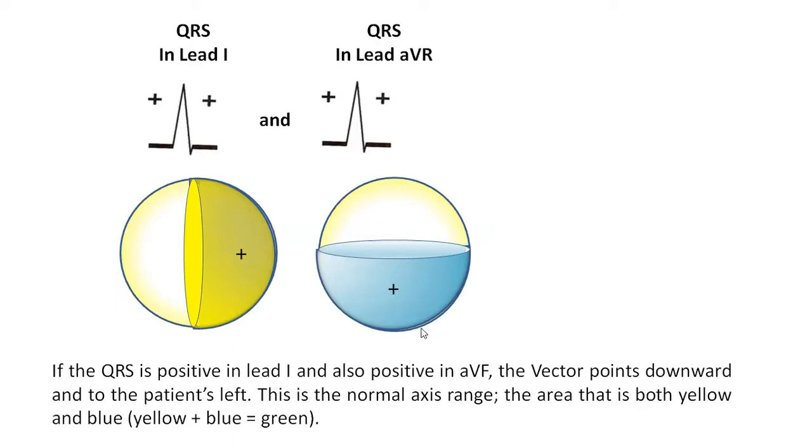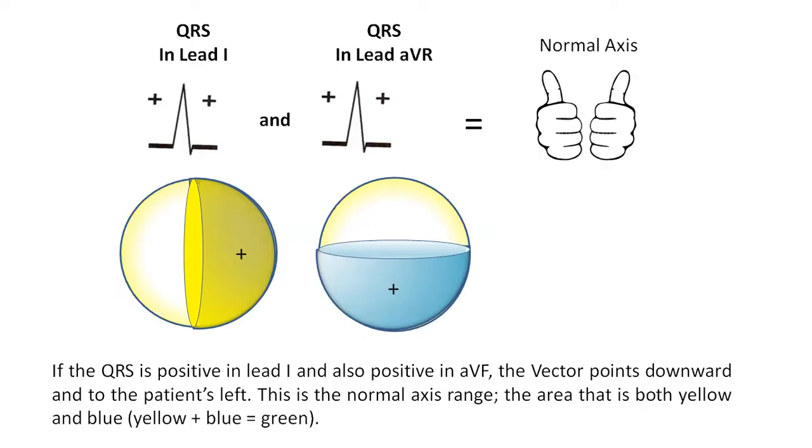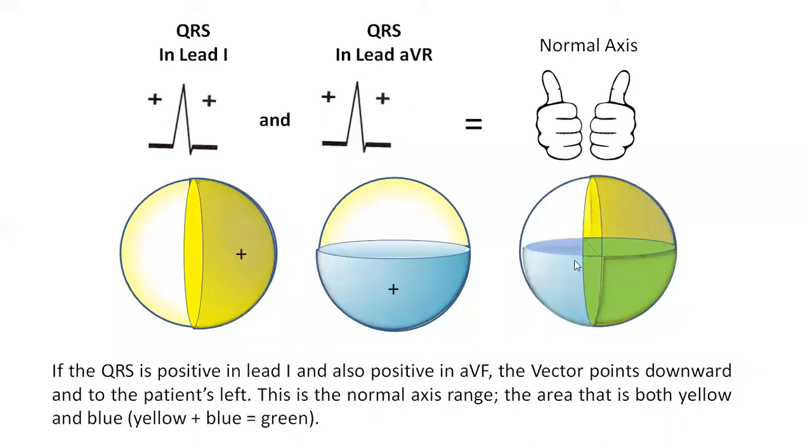When we combine these together, what will happen? You will see that this is the area common to both yellow plus blue, so it is the green. This is the normal area. So the axis is normal.